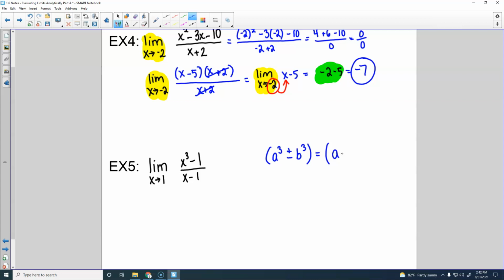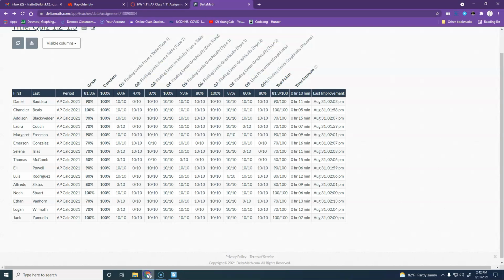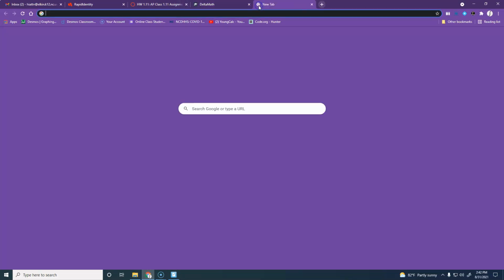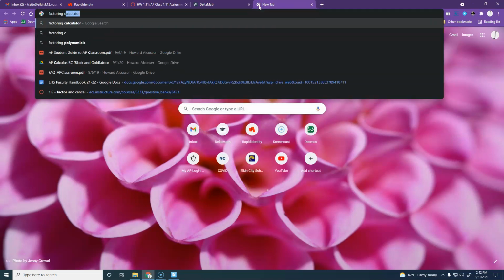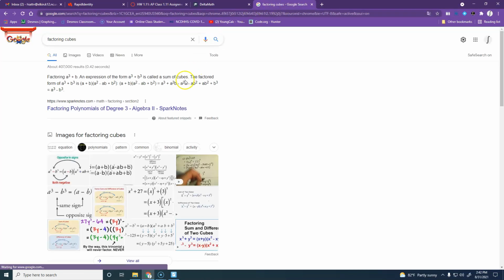Is it in here? It's not right there. I don't want to write it down wrong. I'm pretty sure I know it, but I always get the signs mixed up. Here, I'm going to Google it. Factoring cubes. Yeah, okay. Matches.